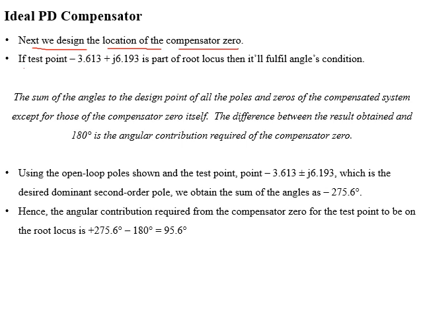If the test point -3.613 plus j6.193 is a part of the root locus, then it must fulfill the angle criterion, which says that we take the sum of angles to the design point of all the poles and zeros of the compensated system except for those of the compensator zero itself, and the difference between the result obtained and 180 degrees will be the angular contribution required for the compensator zero.